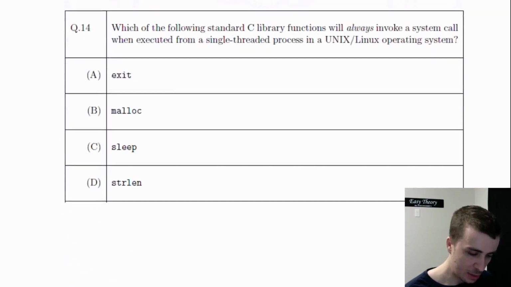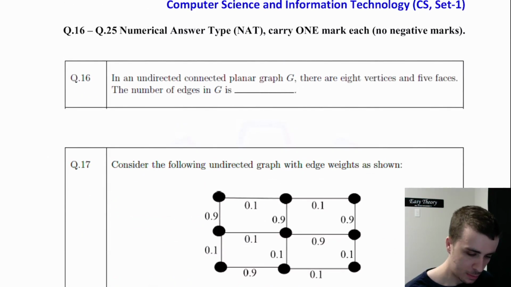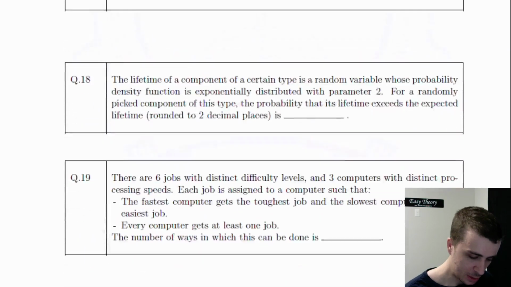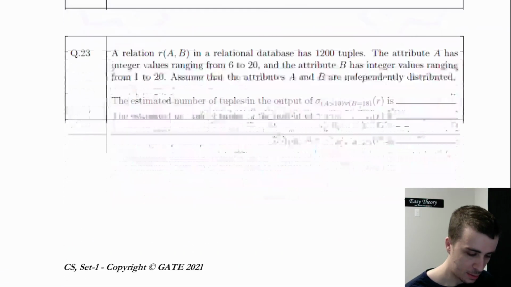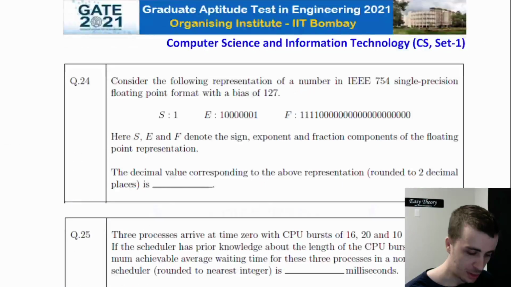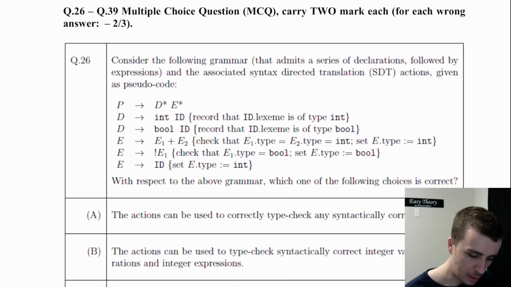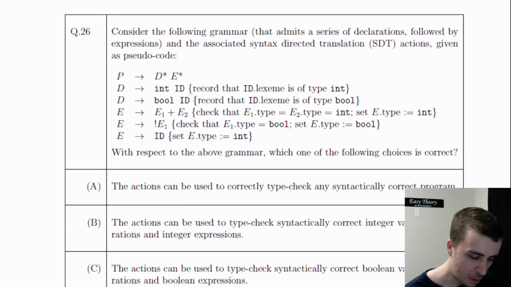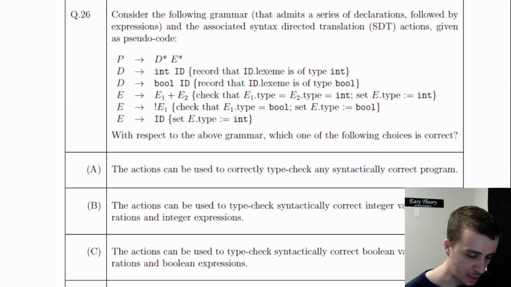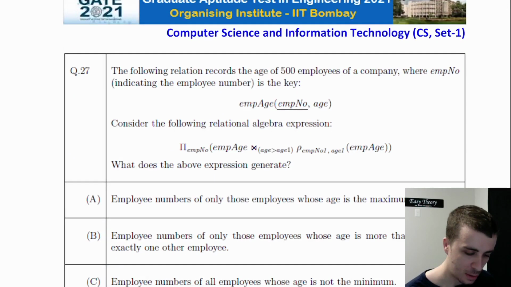13 is not theory. Planar graphs, nice, but not theory. I don't see theory, no theory. Okay, so I have a grammar here, but that doesn't look like truly theory of computation type stuff.